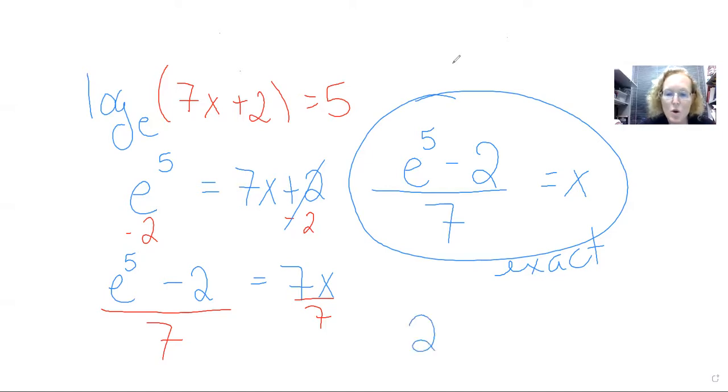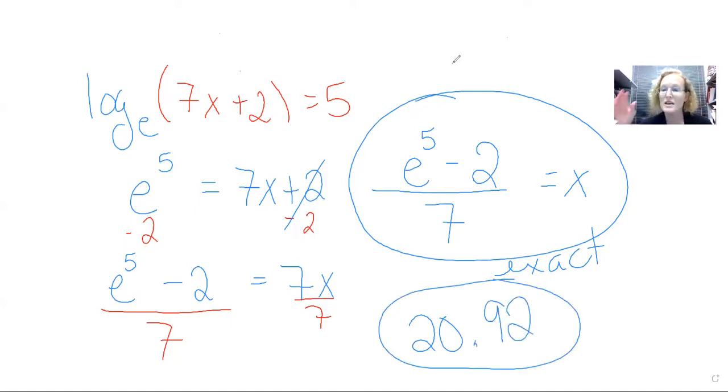And so if I do this whole number, I should get roughly 20.92 if I round it. Now, if you're trying to match this in your calculator, I'll tell you I get exactly 20.916165559, and that's where my calculator stops. It keeps going, but my calculator doesn't give me any more than that number of decimals for a rounded answer.